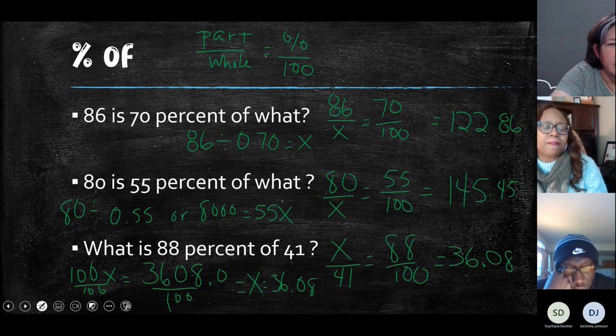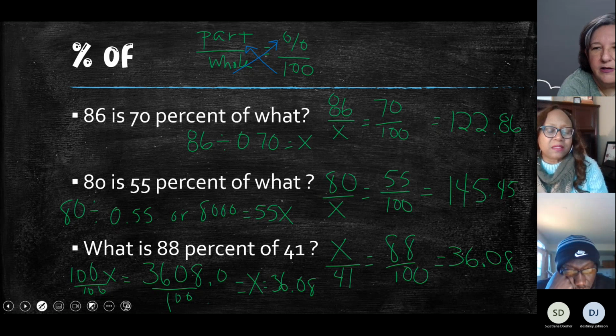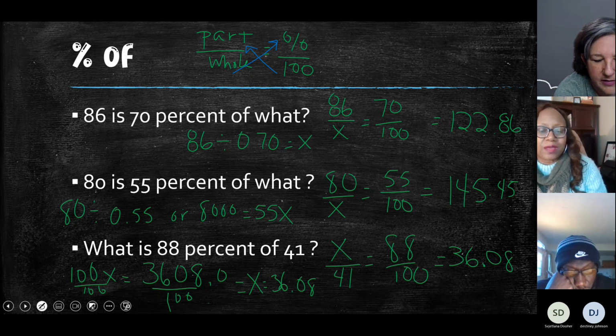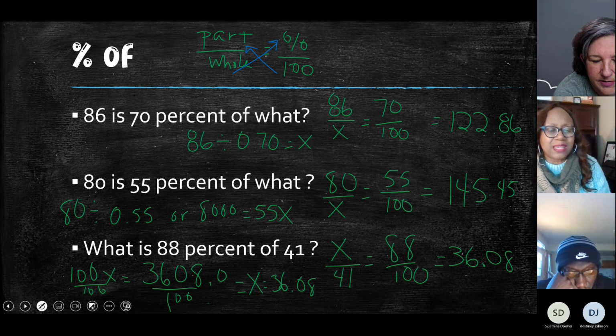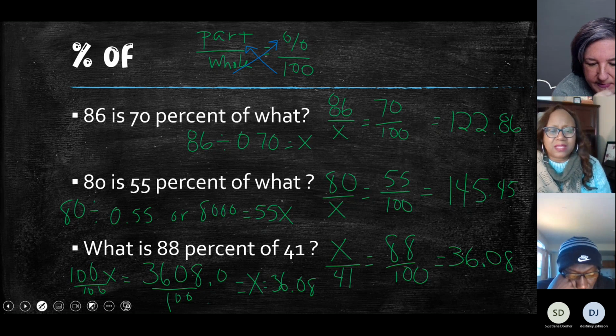I have a question. I followed you for the first two, and then I couldn't follow the wording of the math with the second one. So what is 88% of 41? We deal with the part and the whole. In your first part, you have x, which is the part over the whole, because you're looking for 88% of 41.